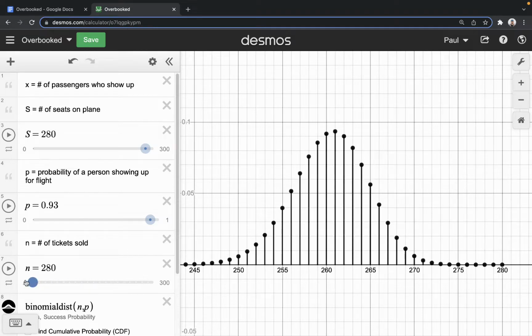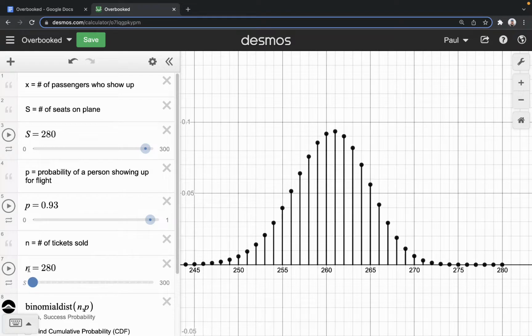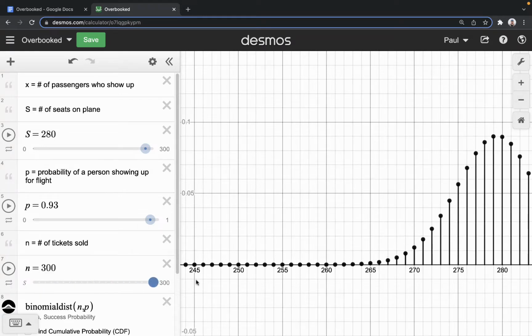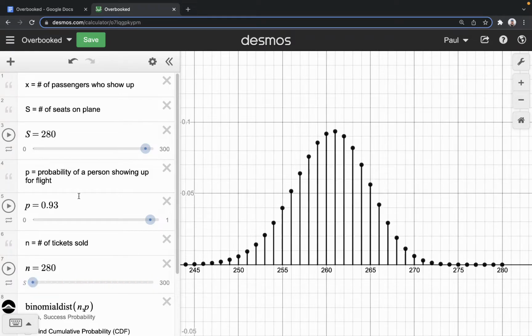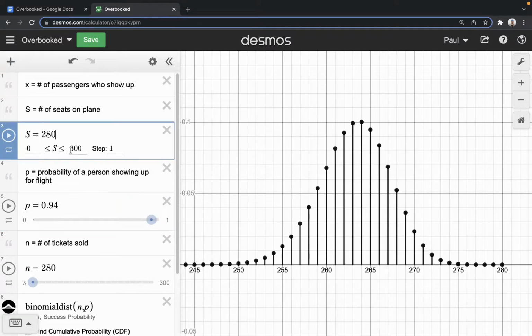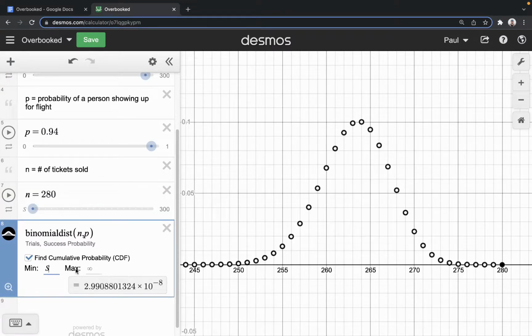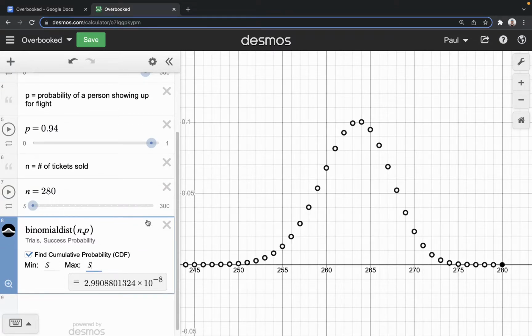We see that if they sell exactly 280 tickets, that's a little bit lower here. If they overbook it, we can see that moving up. But we're going to start with just a 94% chance, 280 seats, 280 tickets. And let's just start with a perfectly full plane.